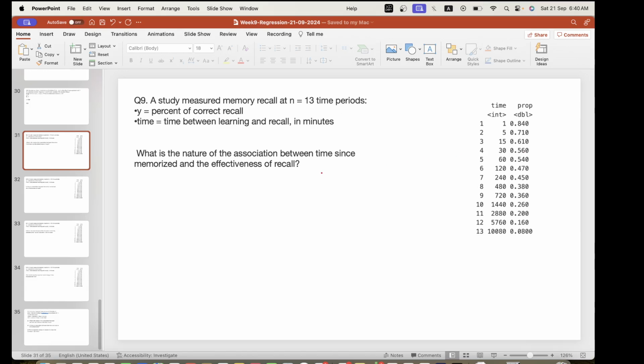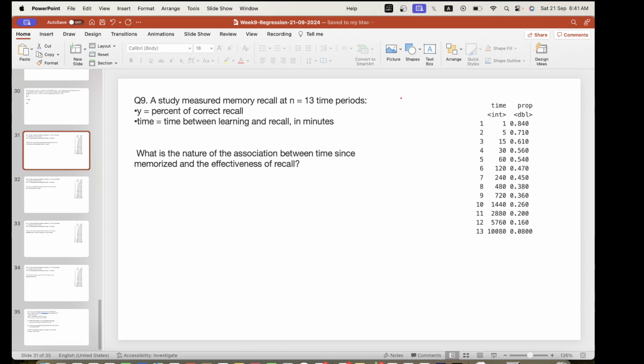We have 13 time periods, and we are trying to measure the time between learning and recall and the percentage of correct recall. So what we are actually studying is how much time is required between learning something and then remembering or recalling it, and the percentage of correct recall.